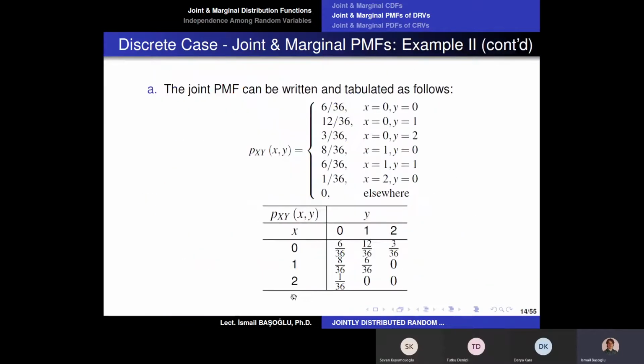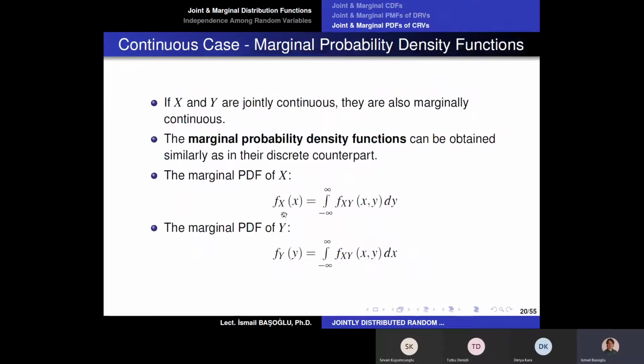If you are interested in the marginal probability density function of x, then you are going to integrate the joint PDF over the integral operator y from minus infinity to plus infinity.